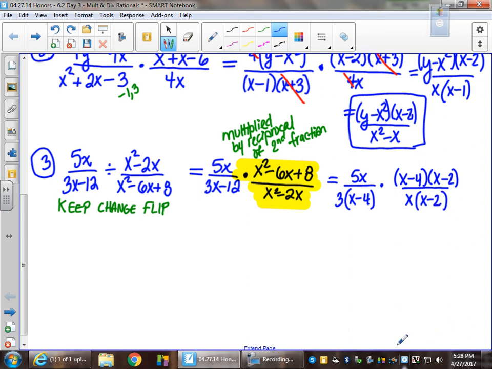Now that we factored, let's see what cancels. What do you see? I see this x and this x cancel. x minus 4 cancels with x minus 4. x minus 2 cancels with x minus 2. And we ask ourselves, what's left? Well, no terms are left in the numerator, but a numerator can't just be nothing.